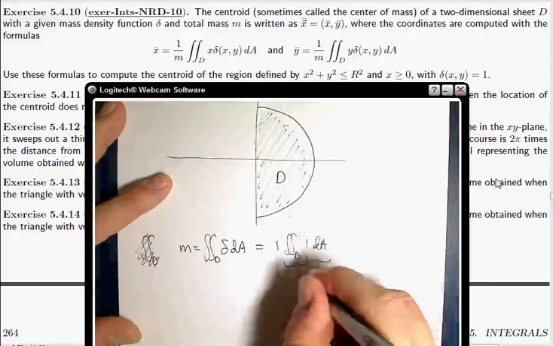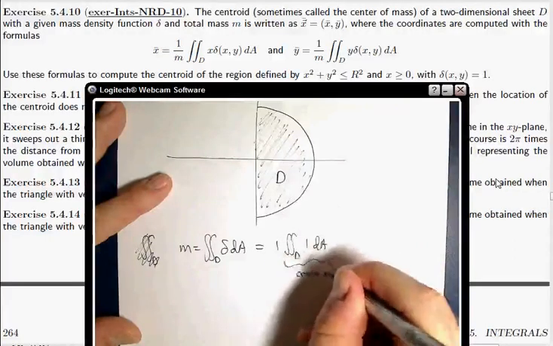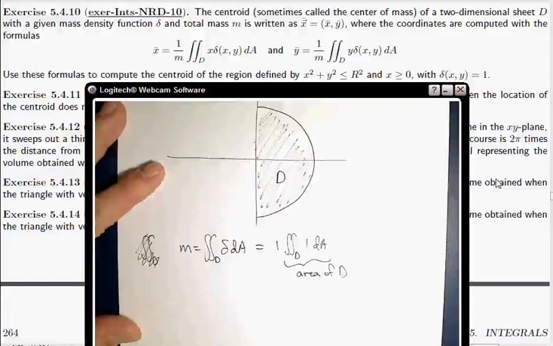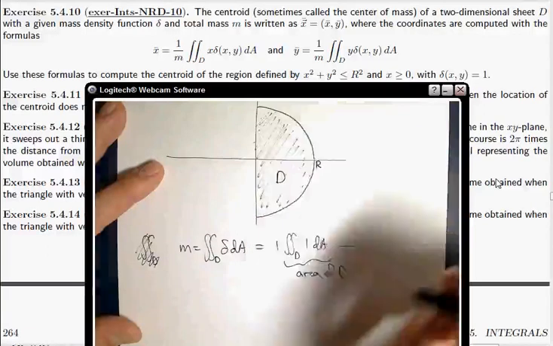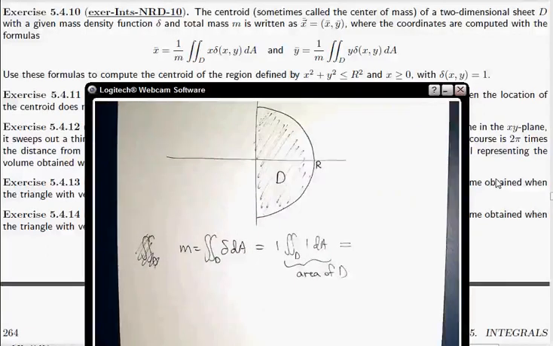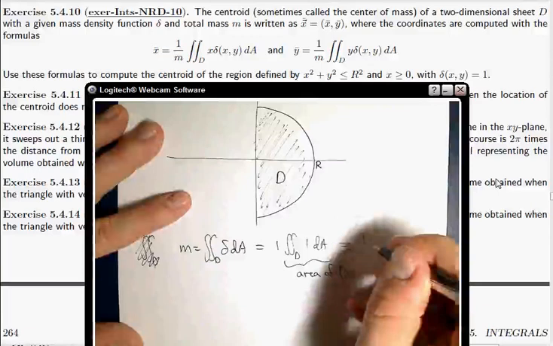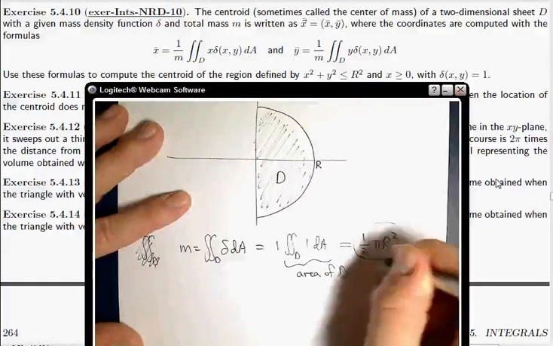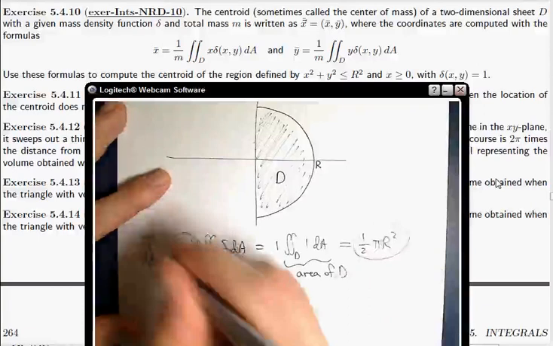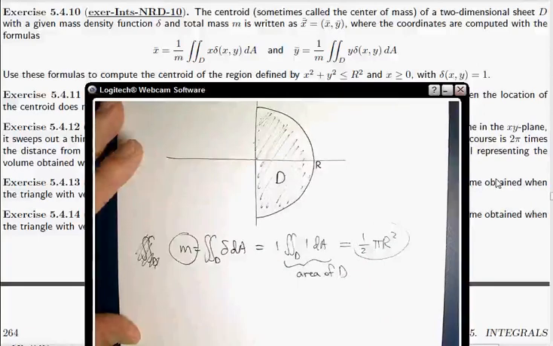This, of course, is just the area of our domain D. This is a half disk of radius r, and so this is 1/2 pi r squared. So I claim that that's the mass. Does that make sense?